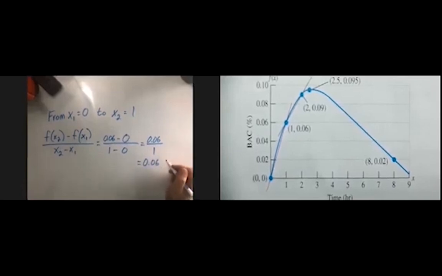So when x is 1, the y value is 0.06. When x is 0, we have the point 0, 0. When x is 0, y is 0. So that's 0.06 over 1. From 0 to 1, the average rate of change of the blood alcohol level would be 0.06.